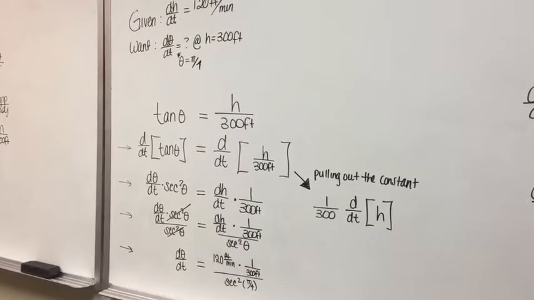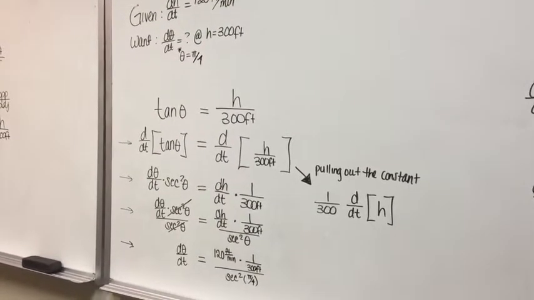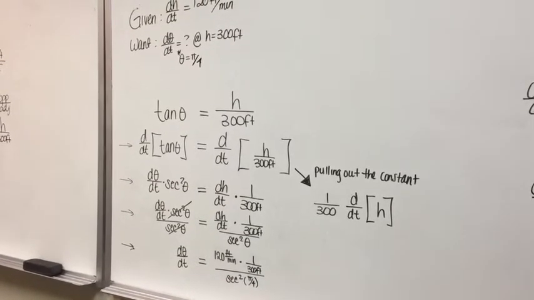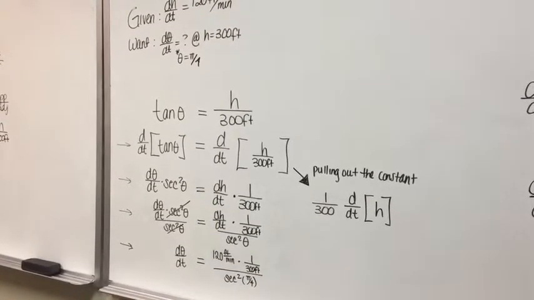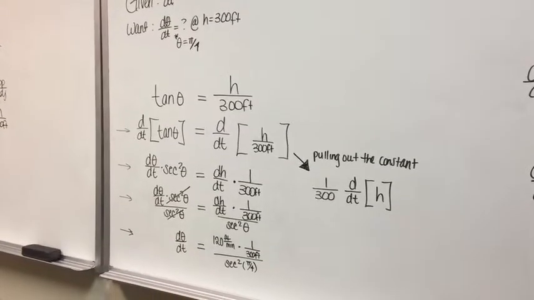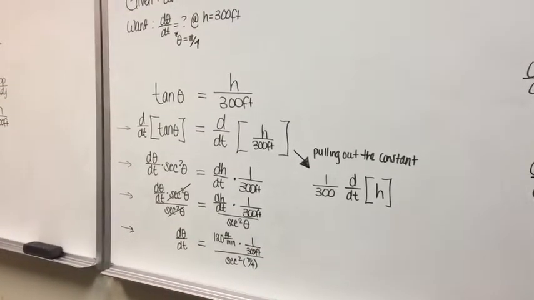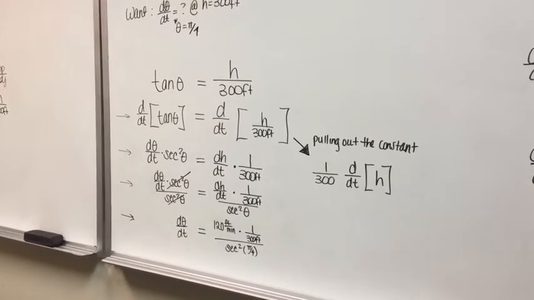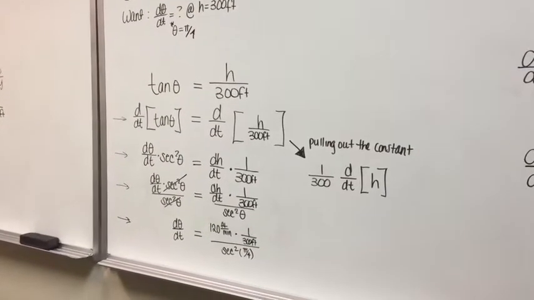In order to use this equation, we need to know what we're solving for. So we go back to our information section and look at the want. What we want to know is d theta over dt when the height is 300 feet, and we've made a note that theta is equal to pi over 4.